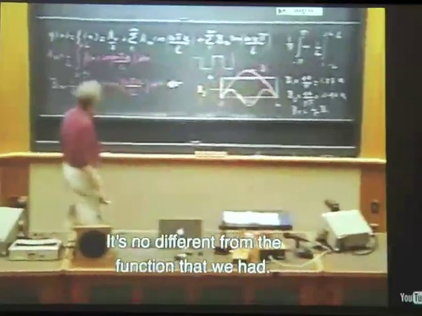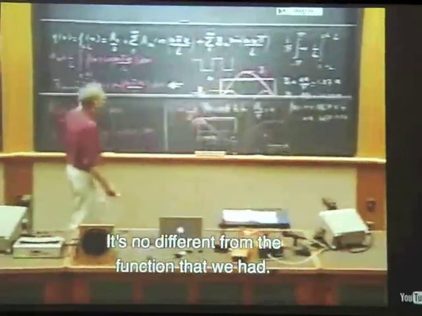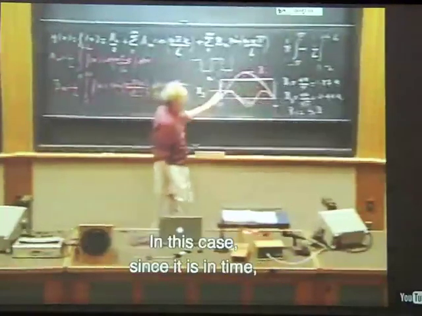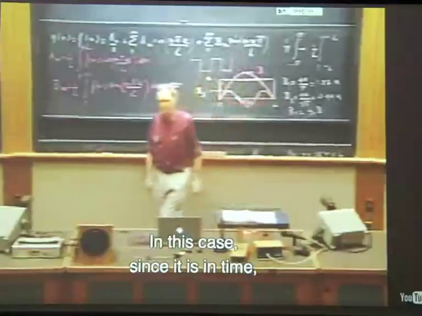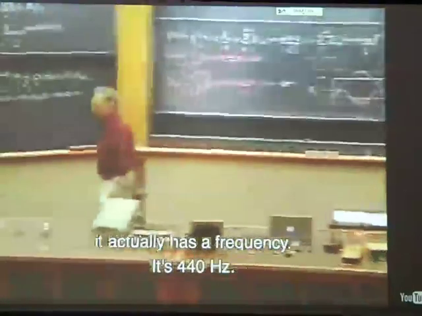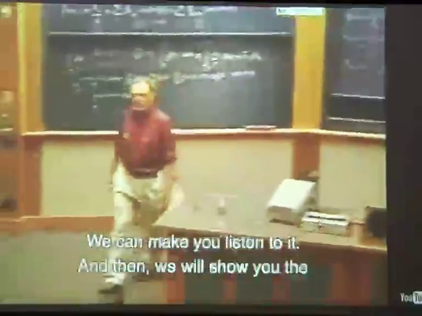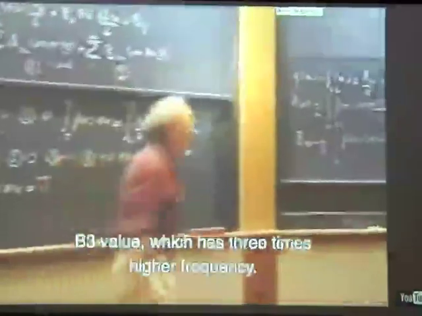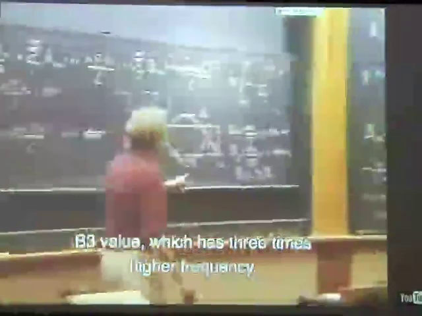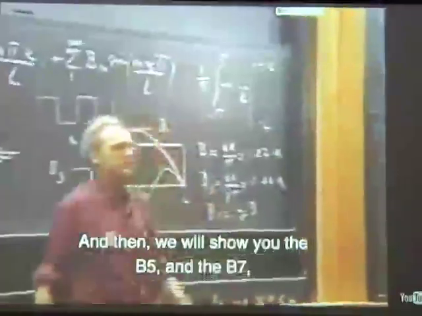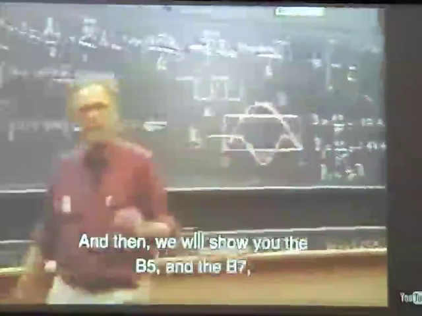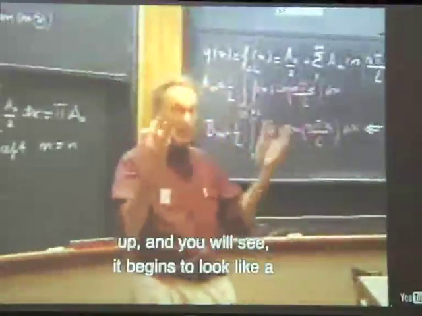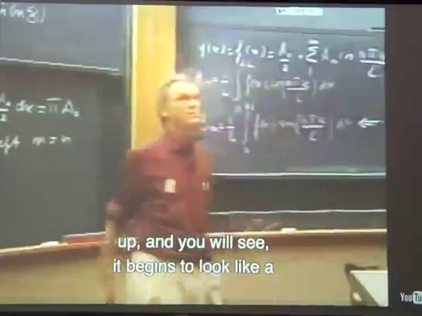It's no different from the function that we had. And then we will show you the B1 value. In this case, since it is in time, it actually has a frequency. It's 440 hertz. We can make you listen to it. And then we will show you the B3 value, which has 3 times higher frequency. And then we will show you the B5 and the B7 and the B9, and then we will add them all up, and you will see it begin to look like a square.